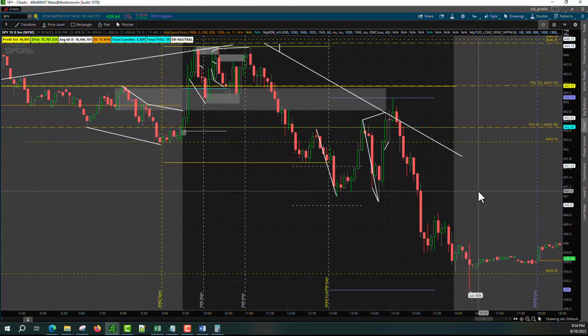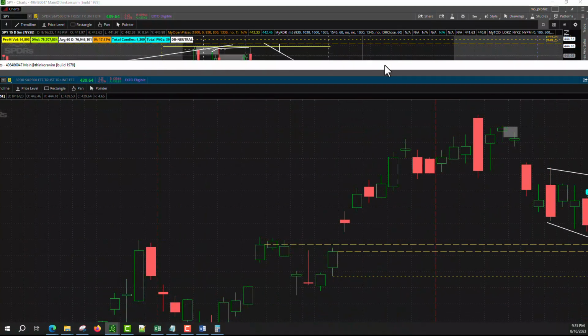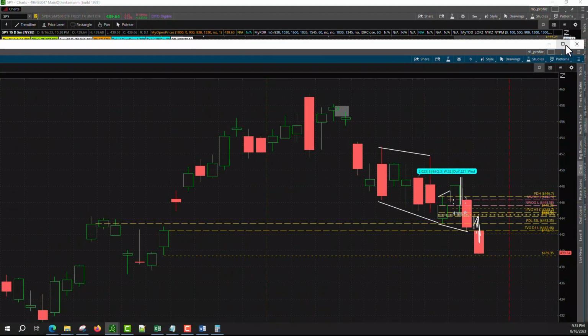That's it for now, but I want to show you the daily time frame so you can see where it's heading for tomorrow. Before we close, we wrap up this one here.